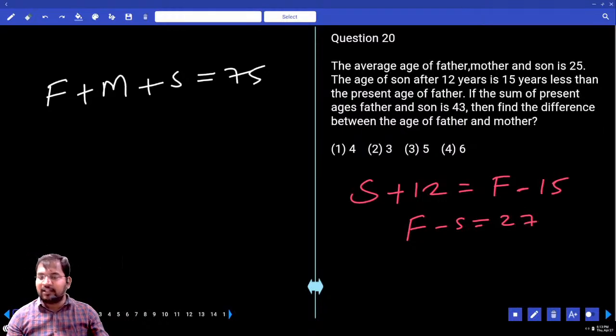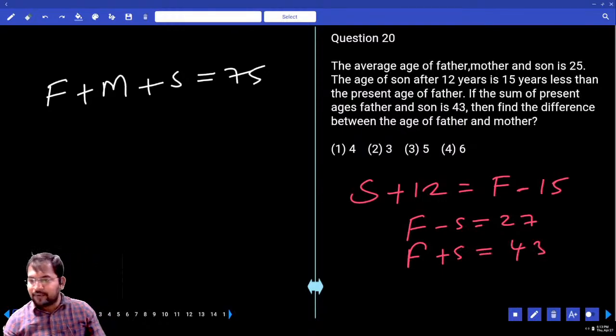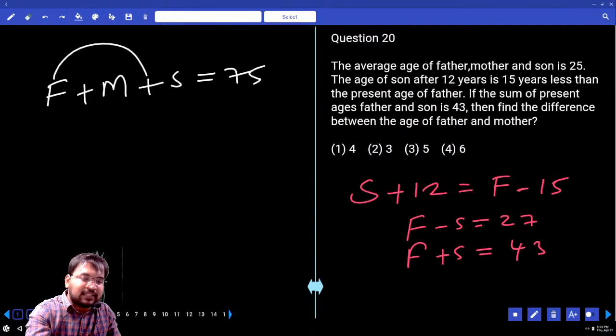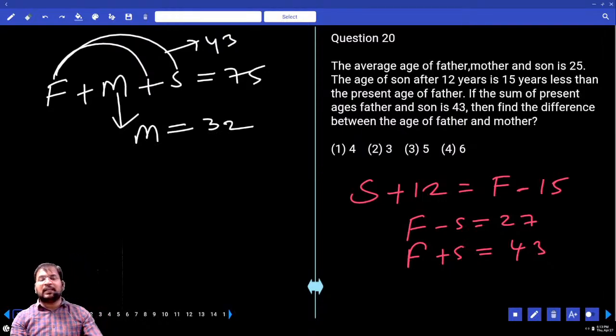The sum of the father and son is 43. Yes, father and son is 43. Remaining is mother. Mother is how much? Tell me. Subtract 43 from 75. Mother is 32.